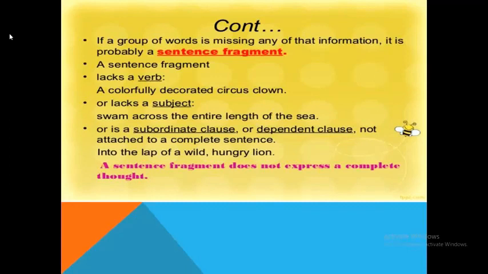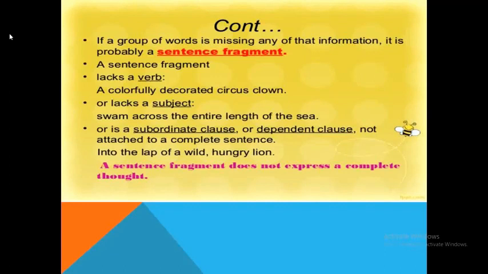A sentence fragment happens when a sentence lacks a verb, like a colorfully decorated circus clown. So it's just a phrase, it's not a complete sentence. There isn't any verb in it.